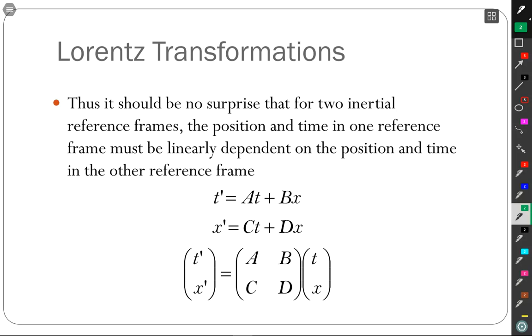So what I have here is two proposed relationships: the time in the prime frame is AT plus BX, and the position in the prime frame is CT plus DX. And what we want to find is what the A, B, C, and D are. Now, what's the difference in above the line and below the line?